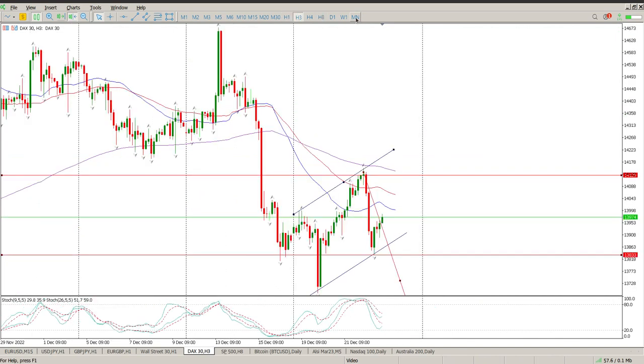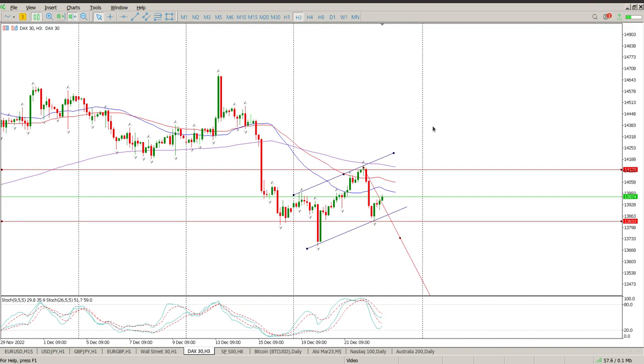If we start drilling down through the time frames, what do we have on the 3 hour? We have an inside bar, and then a higher low inside bar. Quite simple. These two levels that we've been looking at all week are the ones we need to pay attention to.